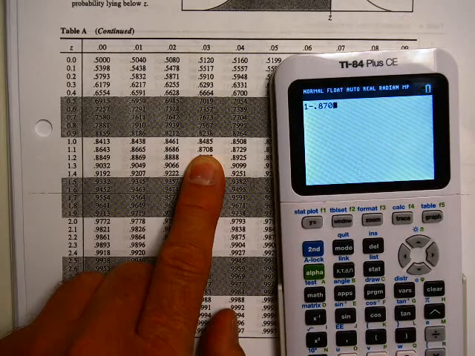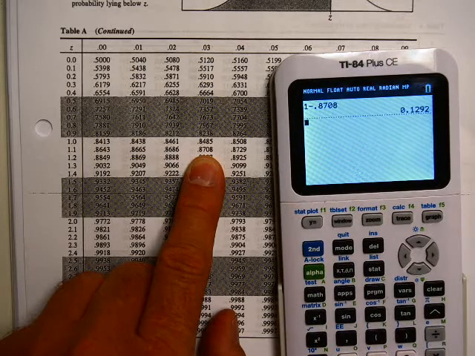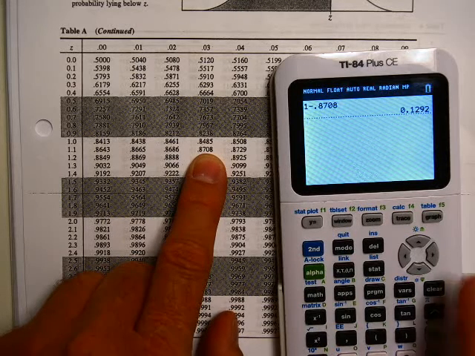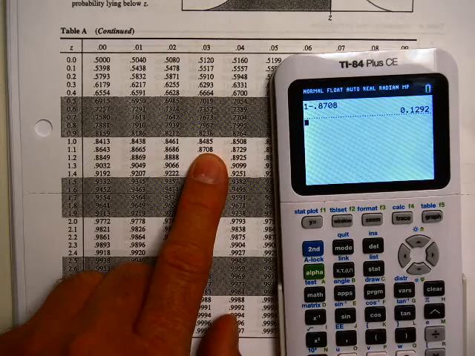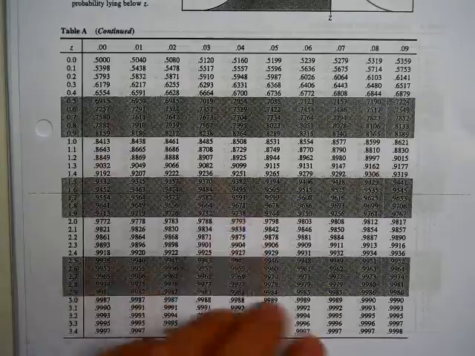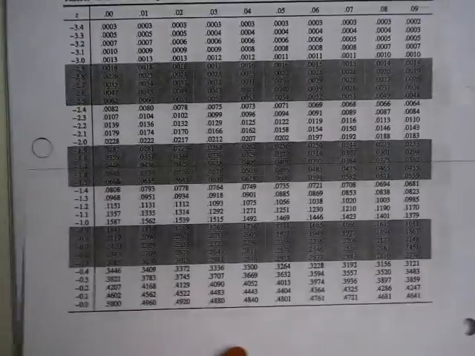Okay, I'll do it for you. All right. About 0.1292. Okay? Look on the other side at negative 1.13. What do you find?